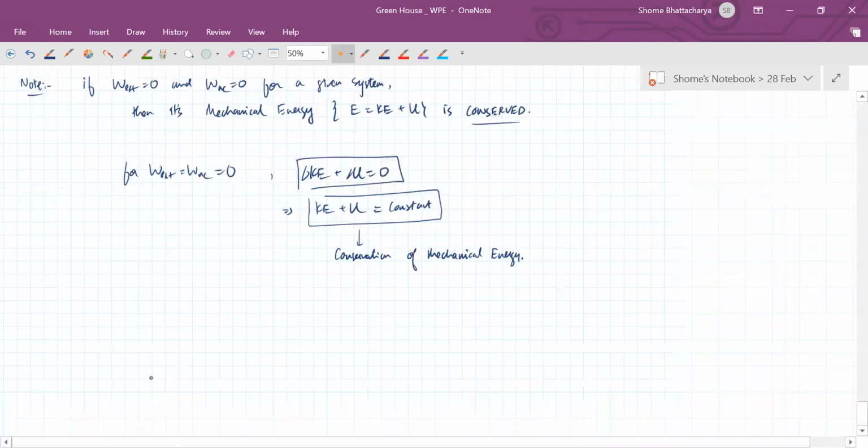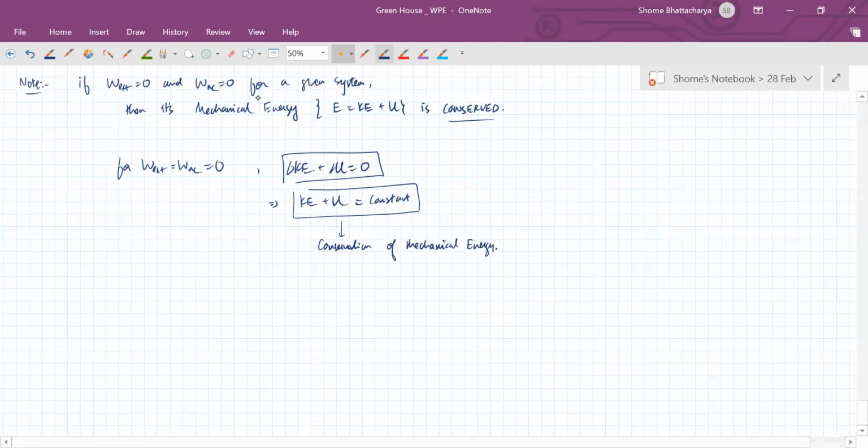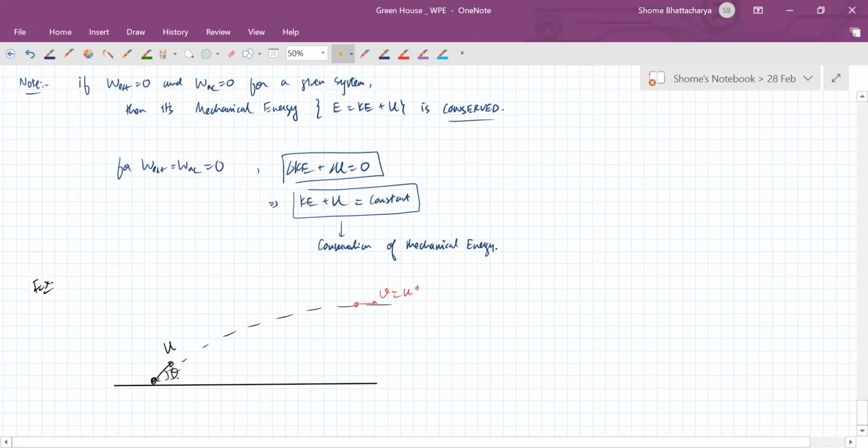The simplest situation of this is, for example, projectile motion. You project something at a speed u at an angle theta, and as it goes like this, at the highest point the speed becomes u cos theta.